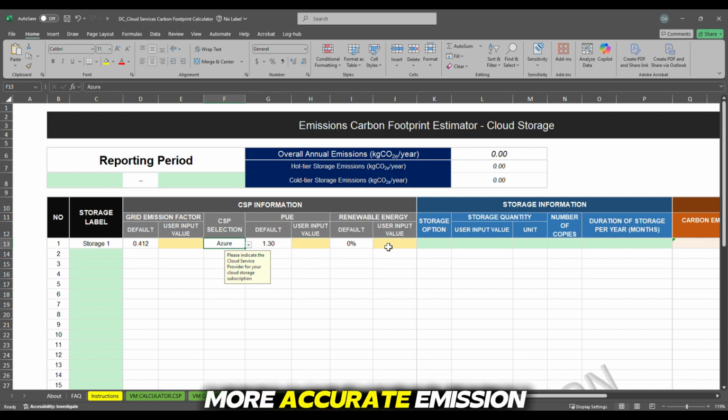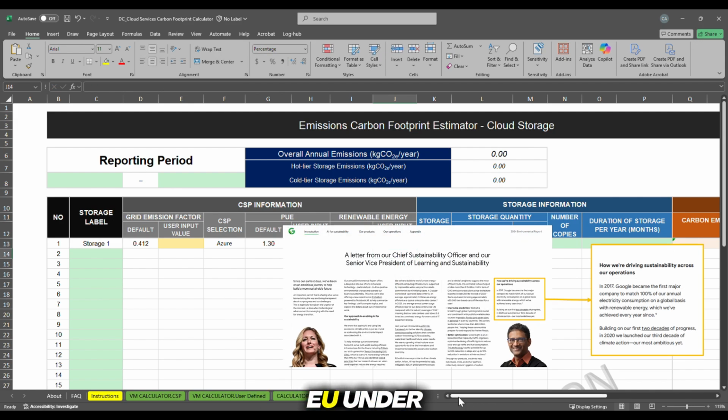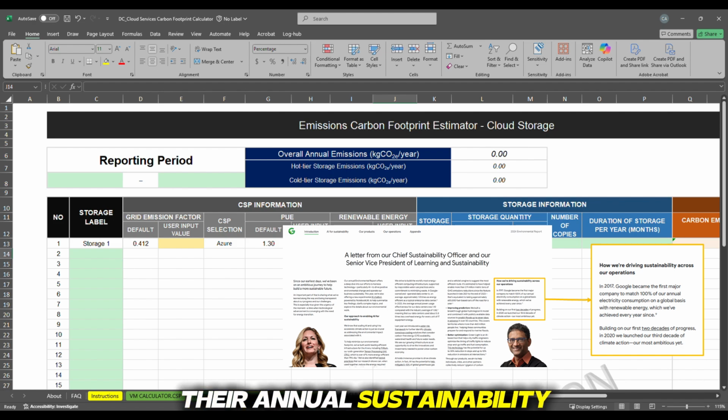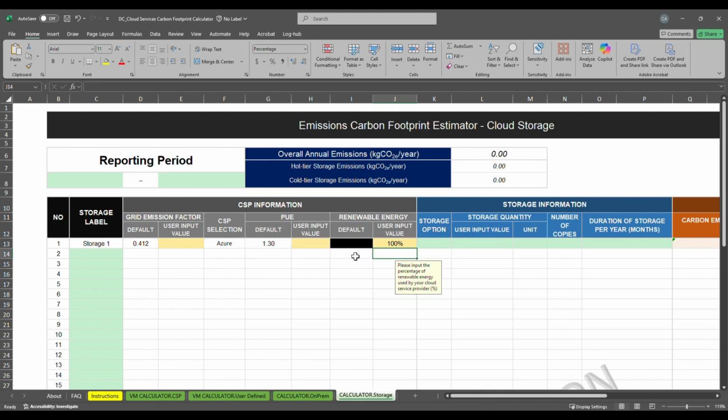Again, for a more accurate emission calculation, it is recommended to use the REU published by your CSP. CSPs would usually publish their REU under their annual sustainability report, and it is best to make use of that. In the case of it not being publicly available, you may contact the CSP representative, and they should be able to give you the value for that.